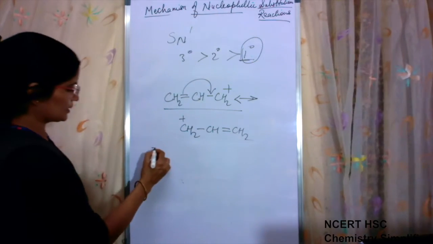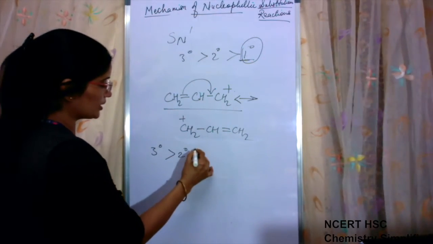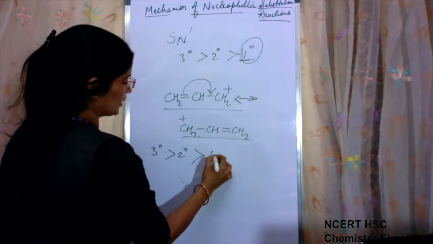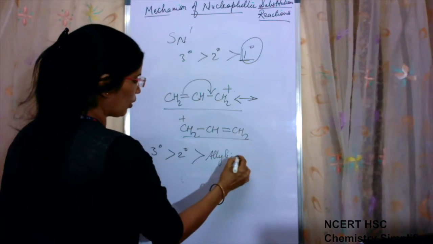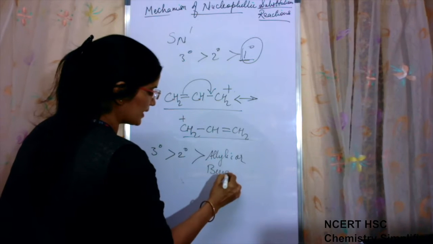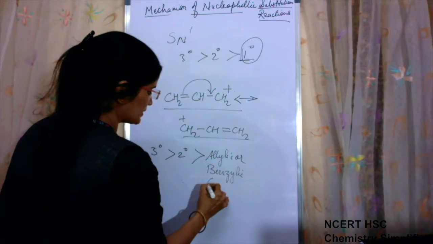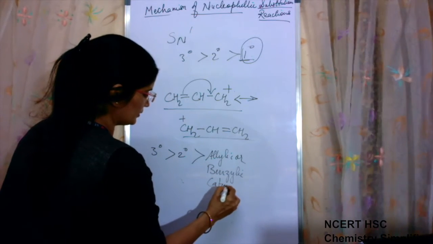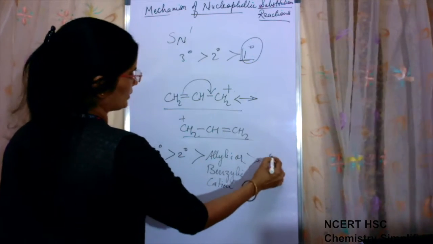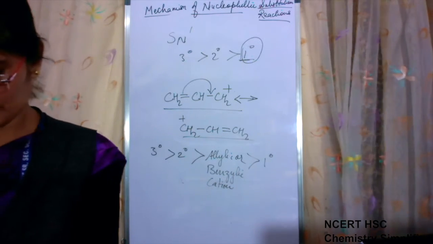So we can write 3 degree greater than 2 degree greater than allylic or benzylic also. Benzylic cation, then 1 degree will come at the end.